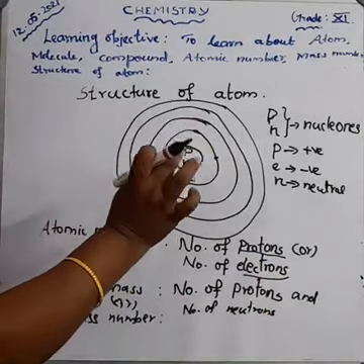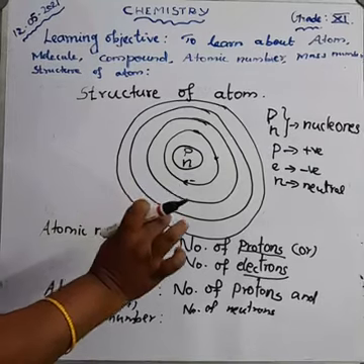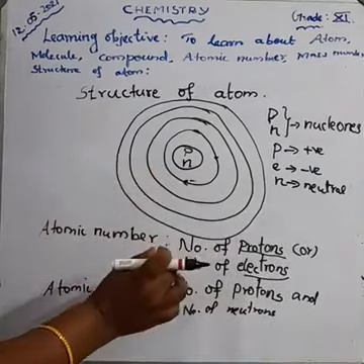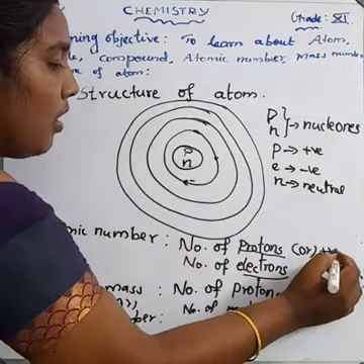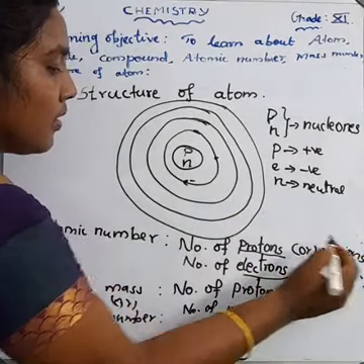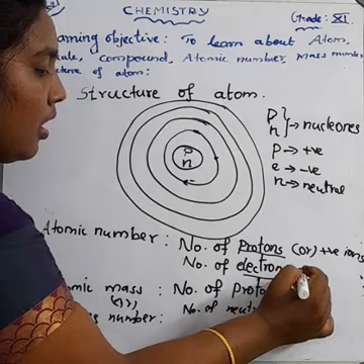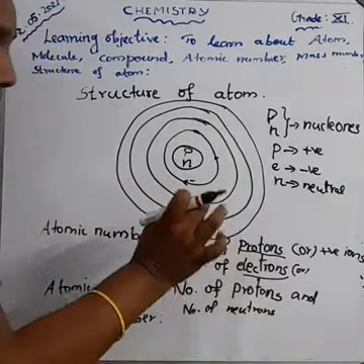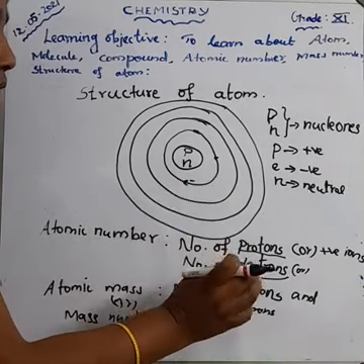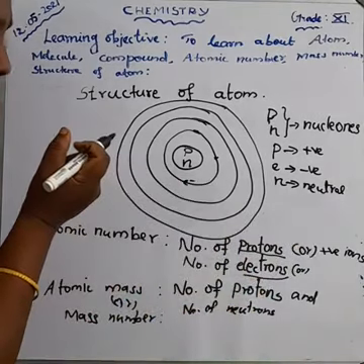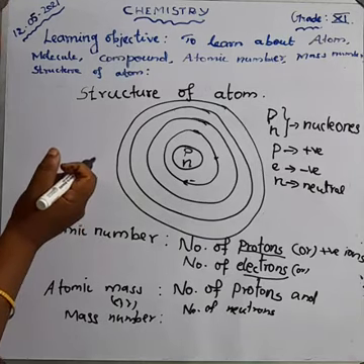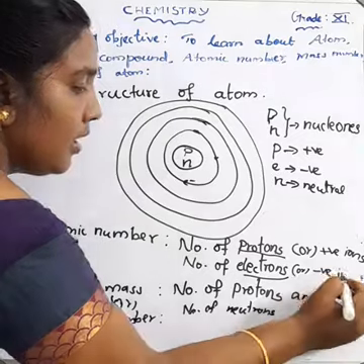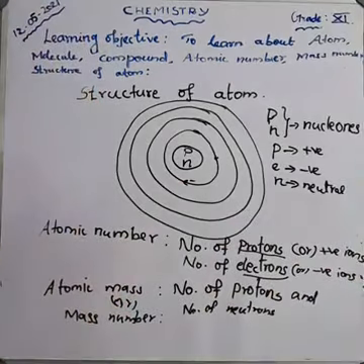Suppose an atom loses one or more electrons. It becomes a positive ion, or cation. Suppose an atom gains one or more electrons. It becomes a negative ion, which we call an anion.